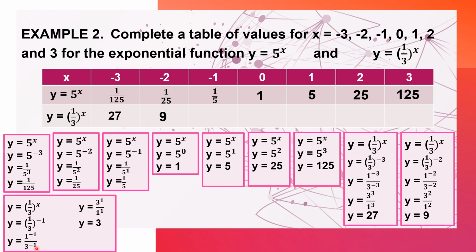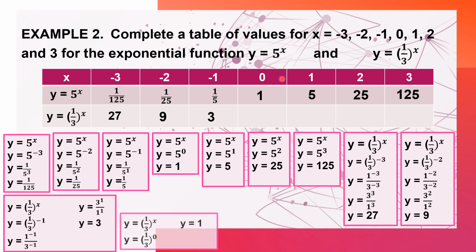So, yung 1 na numerator natin ay nilagay ko sa denominator at naging positive ang exponent. At yung 3 na ating denominator ay nilagay ko sa numerator at naging positive ang kanyang exponent. So, 3 raised to 1 now is equal to 3. So, if x is negative 1, our y is positive 3.